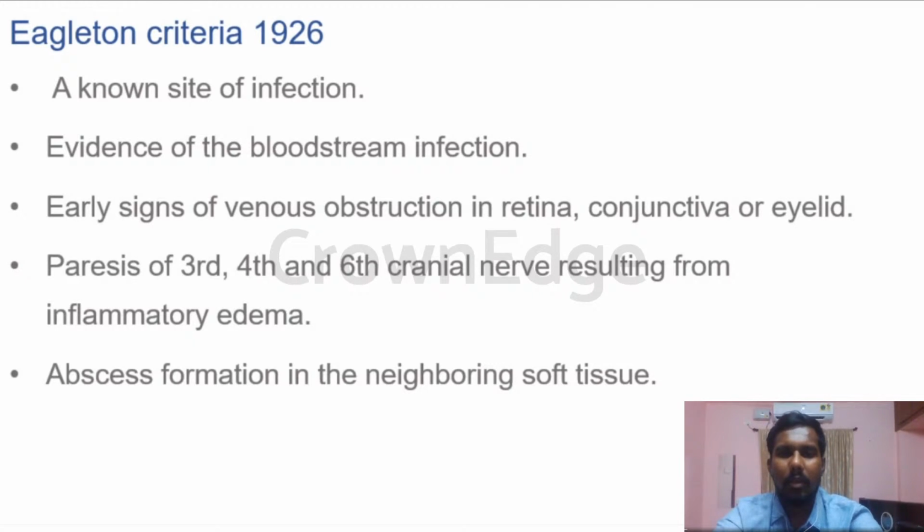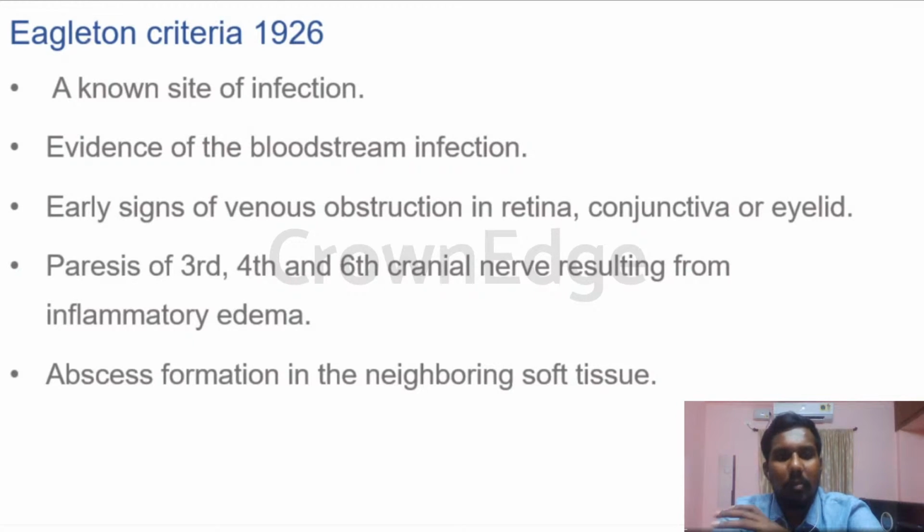Okay, and then there will be paralysis of the third, fourth, and sixth cranial nerves, and there will be abscess formation in the neighboring soft tissues. Means if it is a maxillary third molar infection, you can well see an abscess that is formed in the vestibule or somewhere.